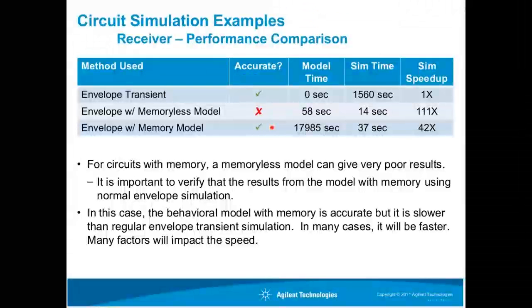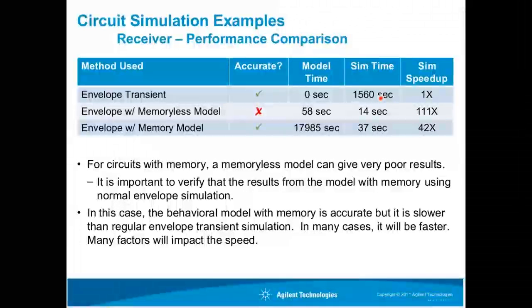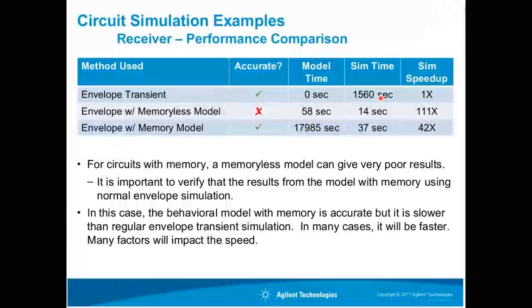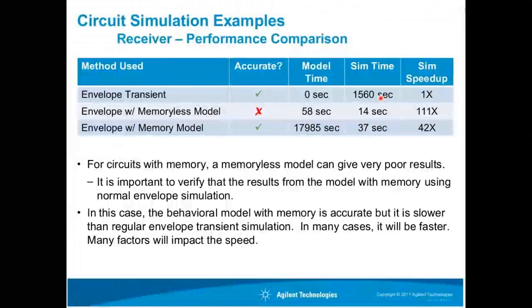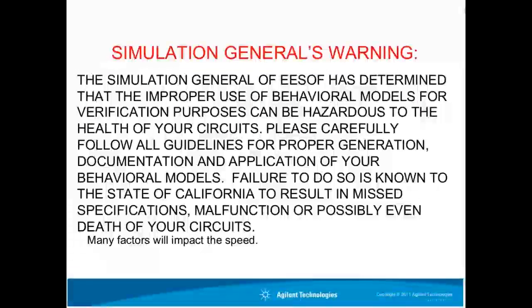But if you look at just the sim time, now we've got a 42x speed up over what we got when we ran envelope transient. So if instead I'm trying to build a model to export over to a system level simulator, then I've got something that's quite interesting because now I've got a fast simulating model that captures the behavior of my actual circuit. So let's move on and take a look at some of the issues.